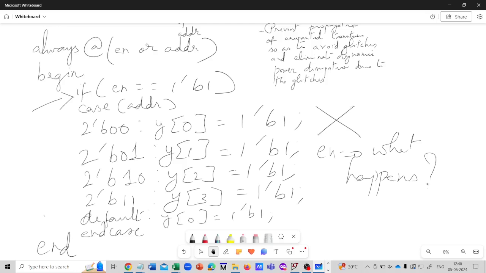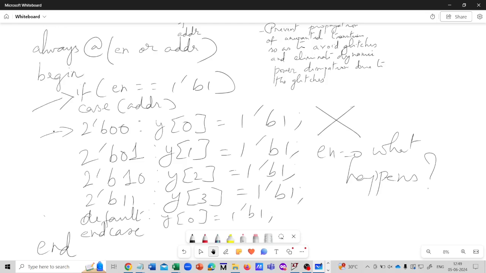That is one deficiency. Now the second deficiency is related to the case statement itself. If you look at this case, for instance, if you look at the branch for 0, 0, you can see that the state of the output y0 is specified. Y0 is supposed to be asserted when the address is 0, 0.